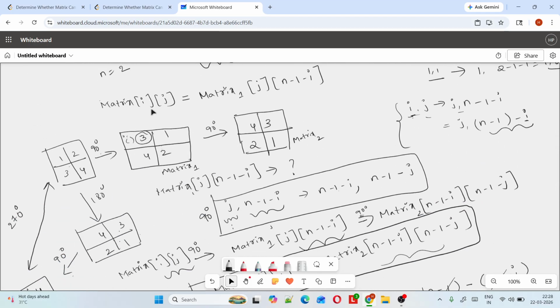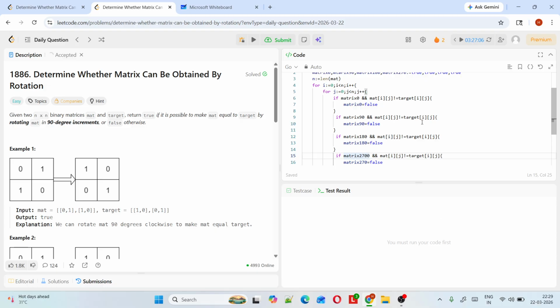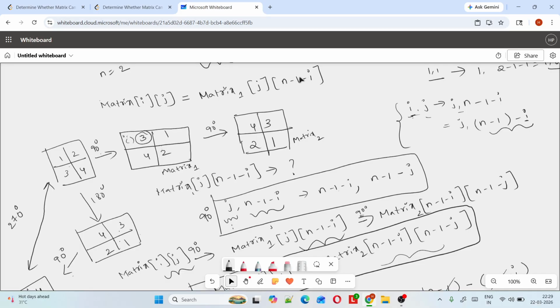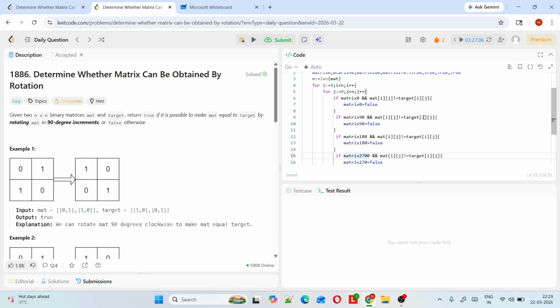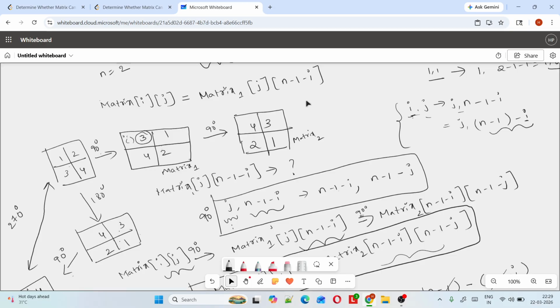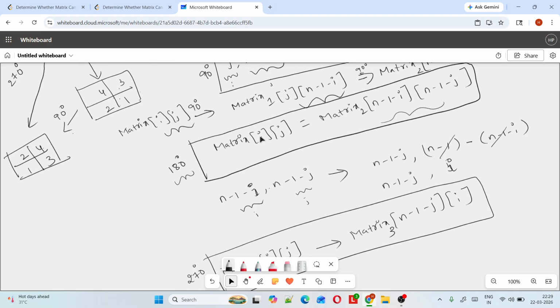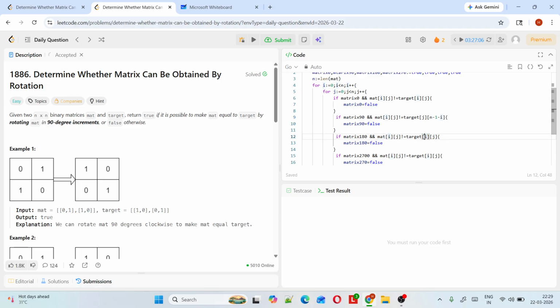Now here, using these formulas, if you see this one, matrix of I comma j, matrix 1, this can be a target or not, we don't know. So that's why we have to check. Target here, if you rotate it by 90, that will be j of n minus 1 minus I. Similarly here, when you rotate it by 180, n minus 1 minus I, n minus 1 minus j.